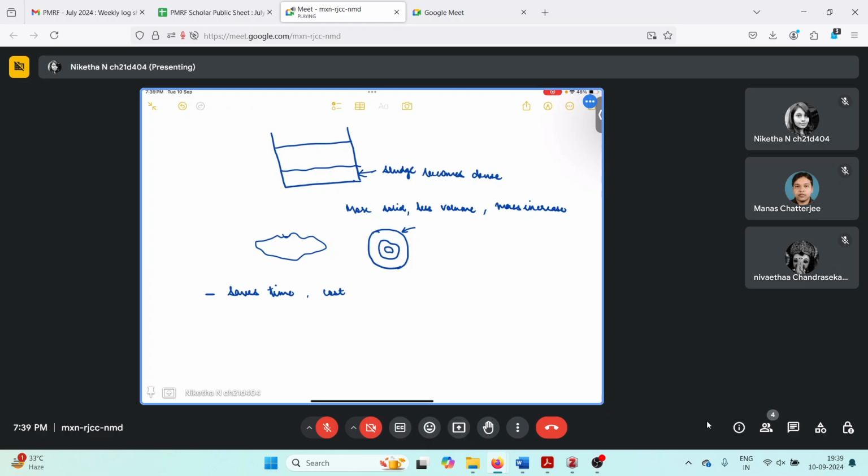Because it is open and it is going to interact with air. Aerobic. Yeah. Obviously. So the top layer is going to be aerobic because there is going to be oxygen in the air and there is going to be gas exchange happening on the surface. So obviously the outermost layer is going to be aerobic.